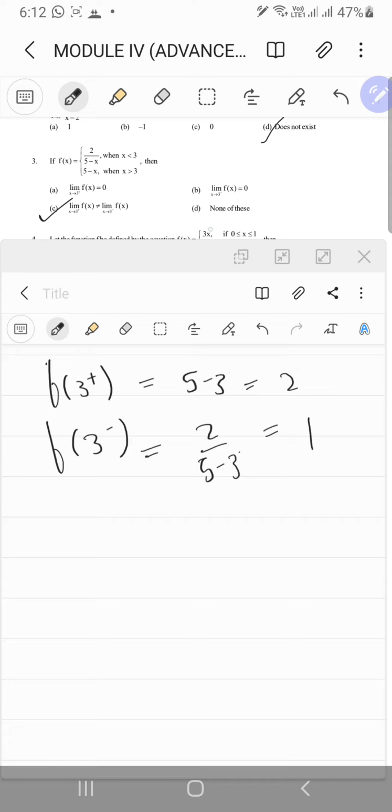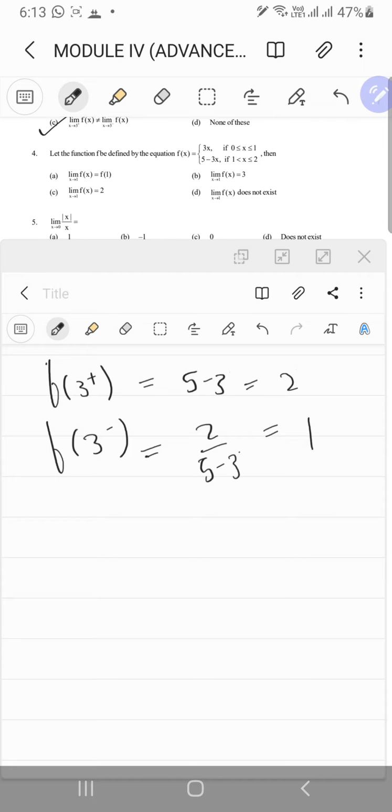And this thing, as x approaches 3 plus, you get f of x equal to 0. Wait, no, that's not correct. X approaches 3 plus, x is bigger than 3, 5 minus 3 is 2. So, well, A and B are not correct, so C is correct. Well, okay, fine. Let's go to the next question.